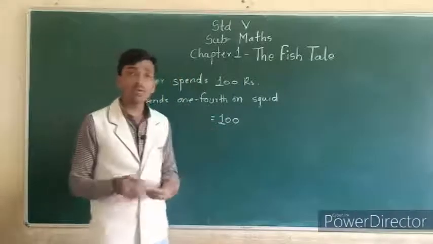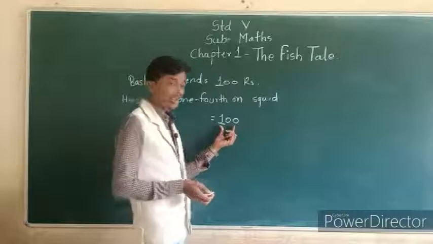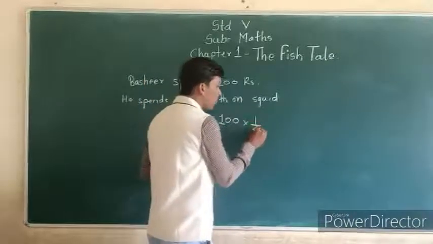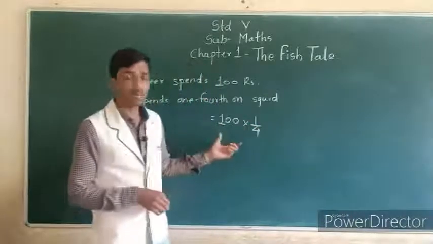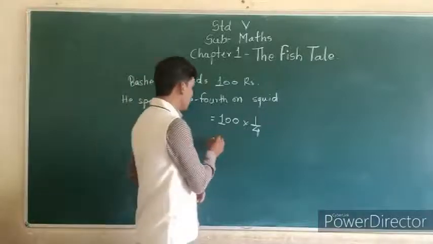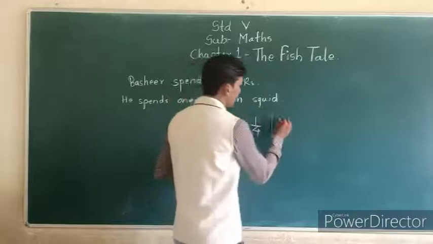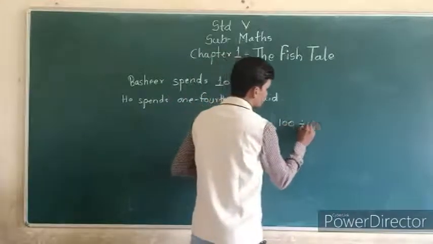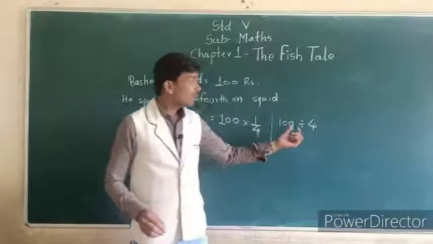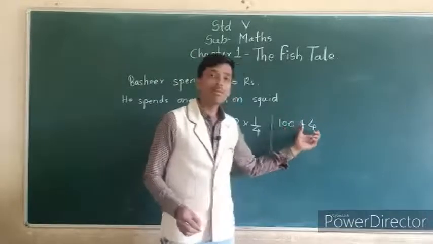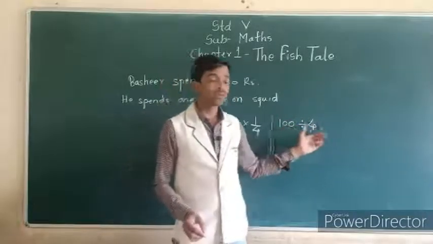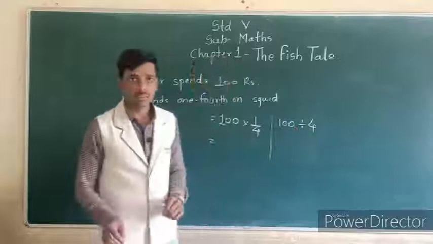By calculation, how to find this? See, this is 100 multiplied by 1/4. Solve this, you will get the answer. Otherwise, divide 100 by 4. Do this, you will get the answer.